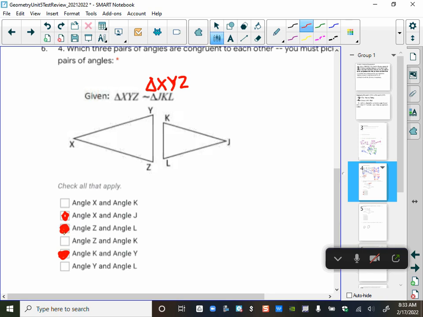Because there are going to be problems down the road where you get the similarity statement, but you need to figure out who matches with who. That's why we have to identify. That's easy. We're going to try to make it as easy as possible.